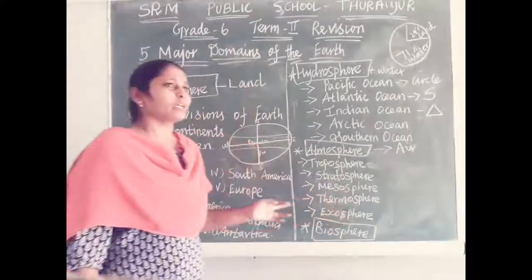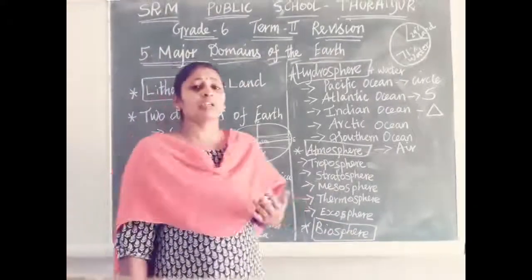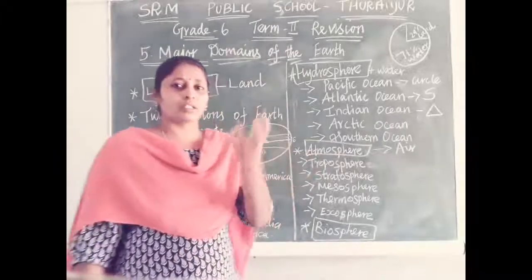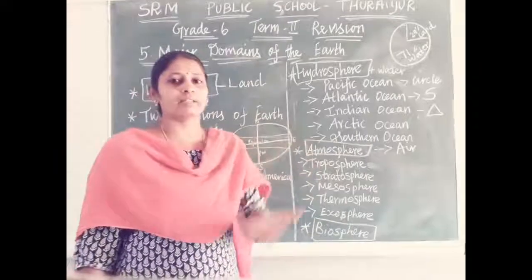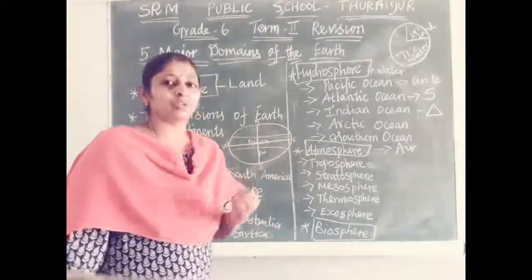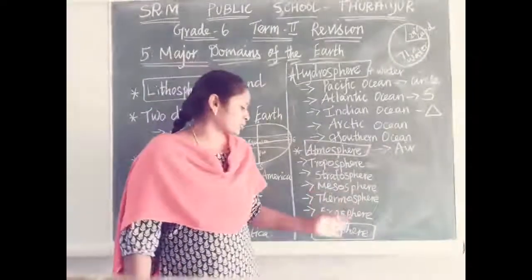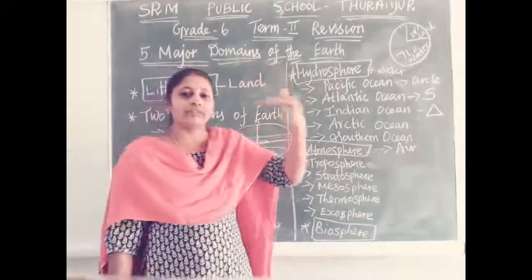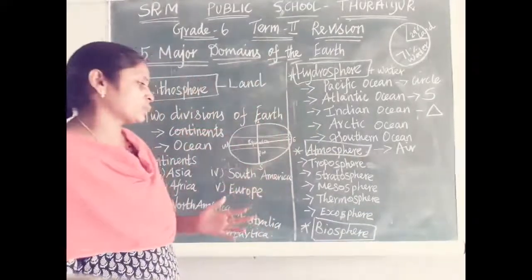In the thermosphere, we have some radiation, and the mobile and satellite signals we use are present. The exosphere is the last layer, where only very lightweight gases are present.